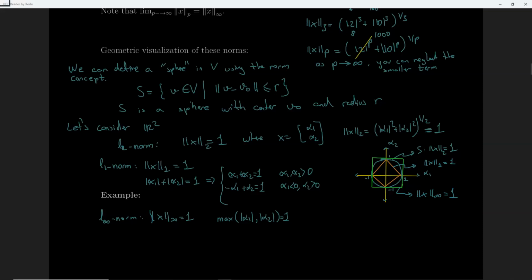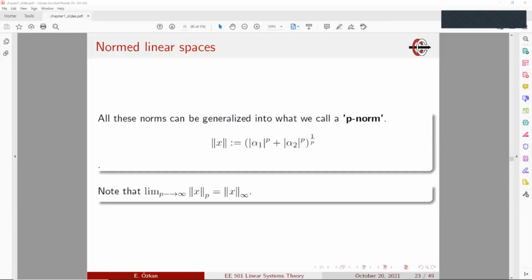And I also had it in my previous slides that I can show you these unit circles for different values of p. So for that, I need to switch to another presentation, the slides. Sorry for the white screen all of a sudden.